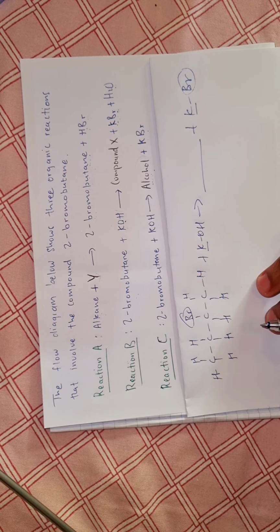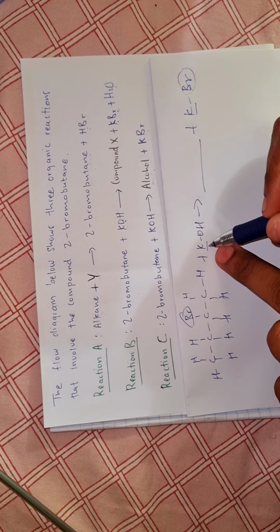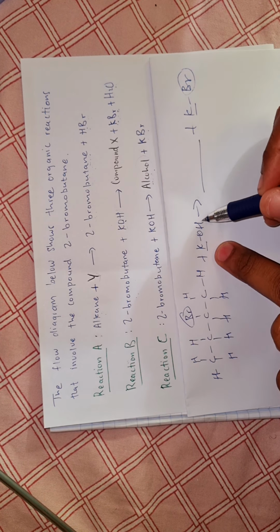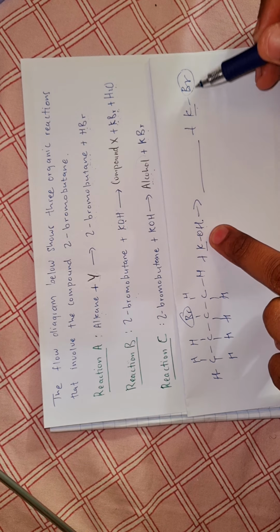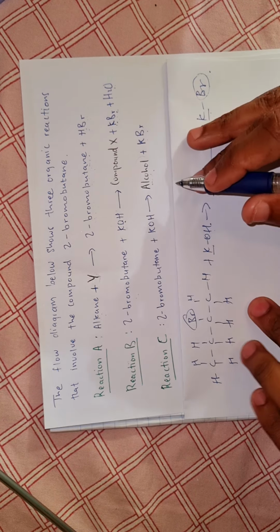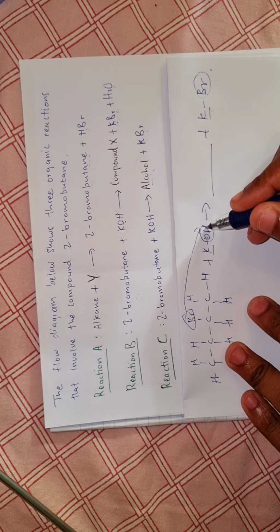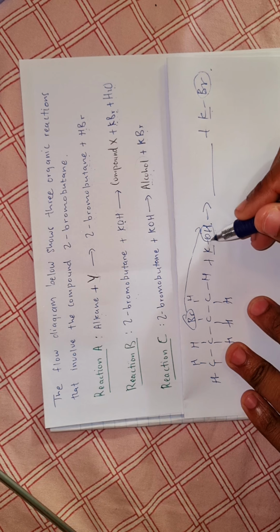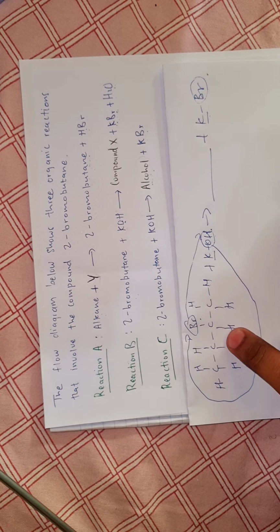Now look, for the fact that our reactant was KOH, and now our reactant as a product turned to KBr, that means this Br took the place of OH, and OH took the place of Br, meaning that's a substitution.